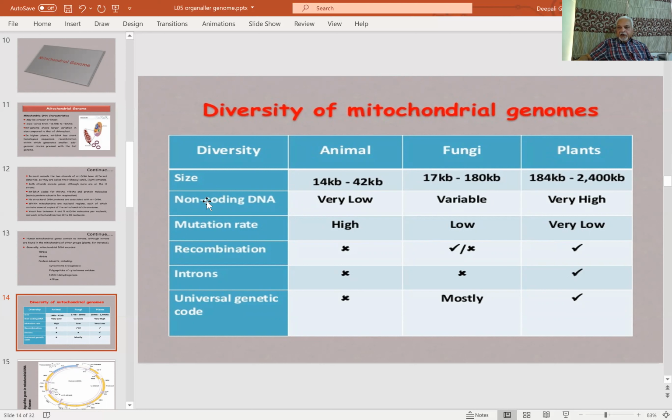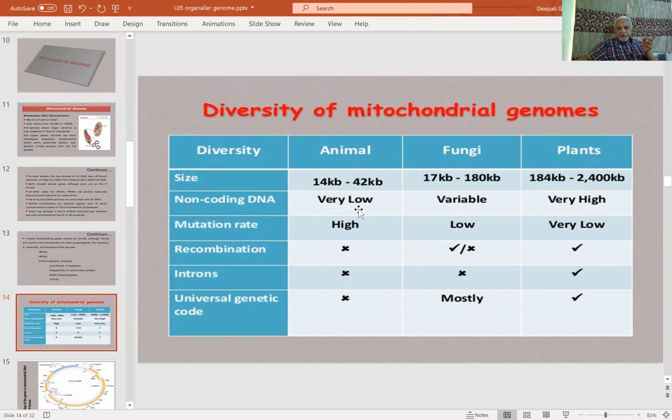Now, non-coding DNA in the genome, in animals, is very low. It means most of the mitochondrial genome codes for something or the other. It has a very, very low amount of non-coding DNA.